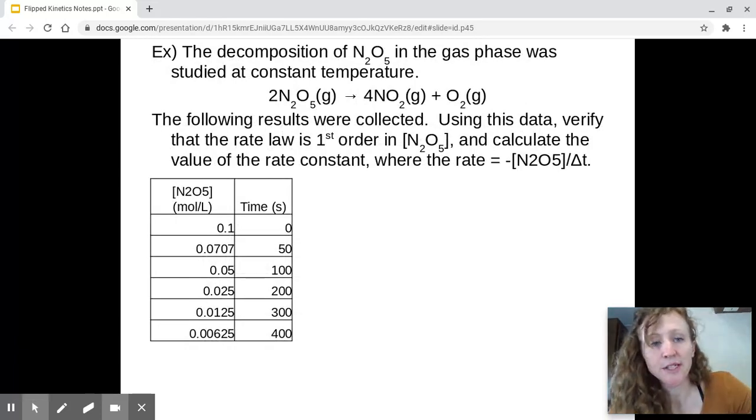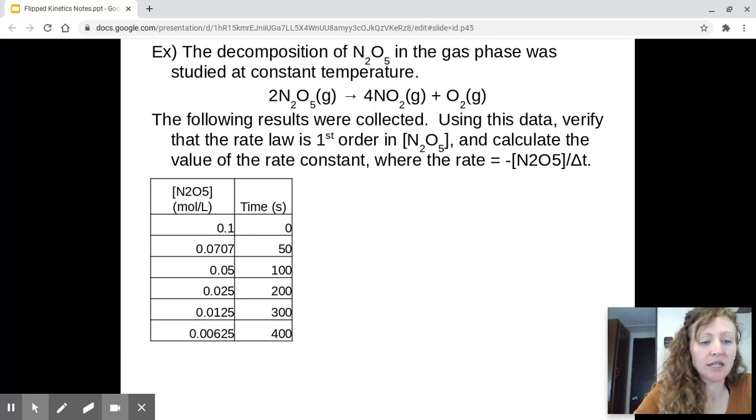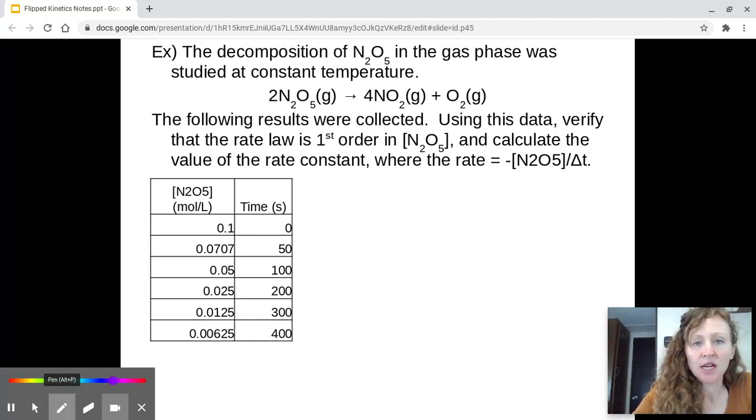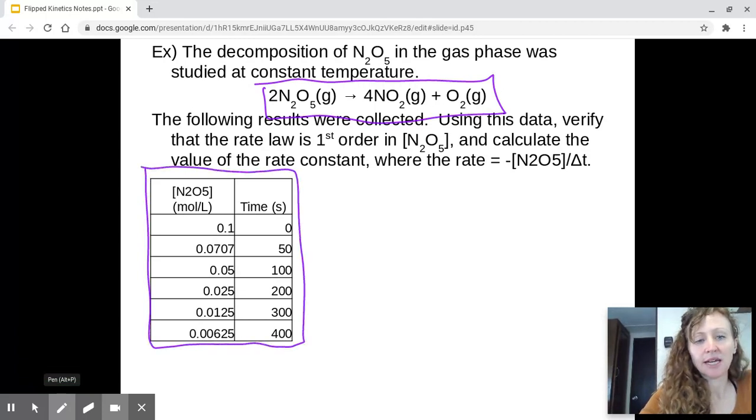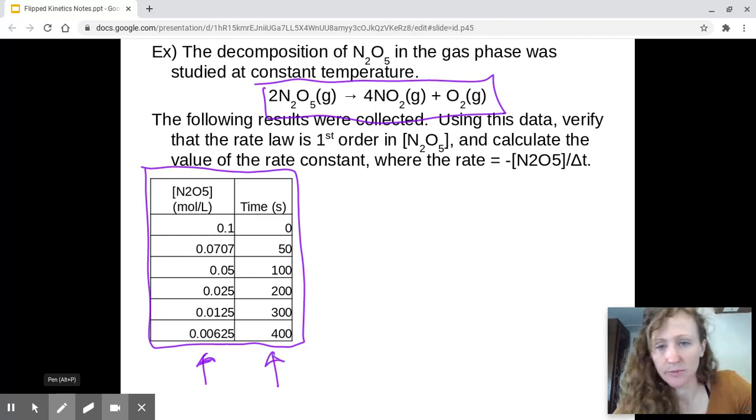All right, so for example, here is a reaction. We have a decomposition of N2O5, dinitrogen pentoxide. They collected some data down here, and notice that the data is in terms of concentration versus time.